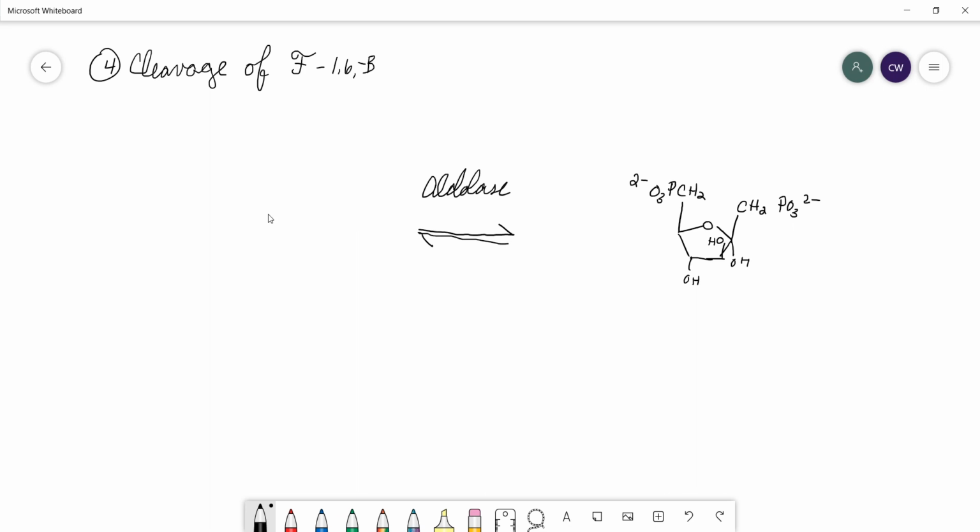The first will be the molecule dihydroxyacetone phosphate. And then the other will be 1 mole of glyceraldehyde.